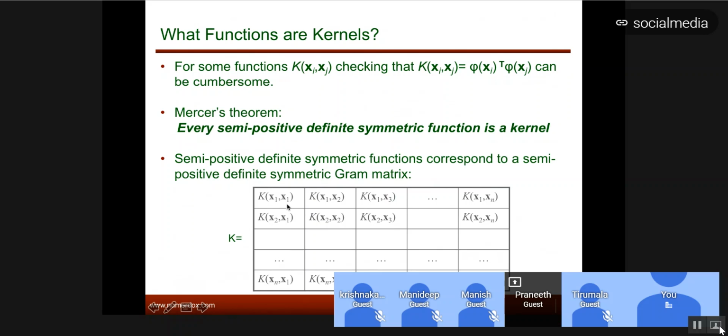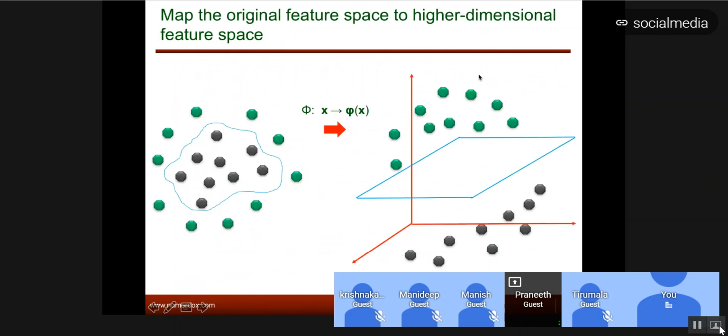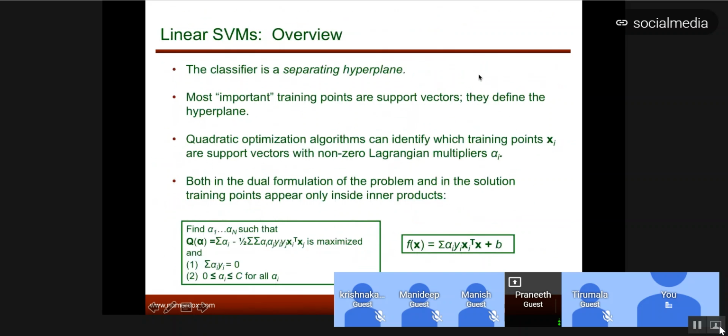But basically, if you computed the eigenvalues of this matrix K, and all the eigenvalues are greater than or equal to 0, then it's a symmetric semi-positive definite matrix. But I don't want to complicate this with abstract math, so I want to stick to the overall mechanics.